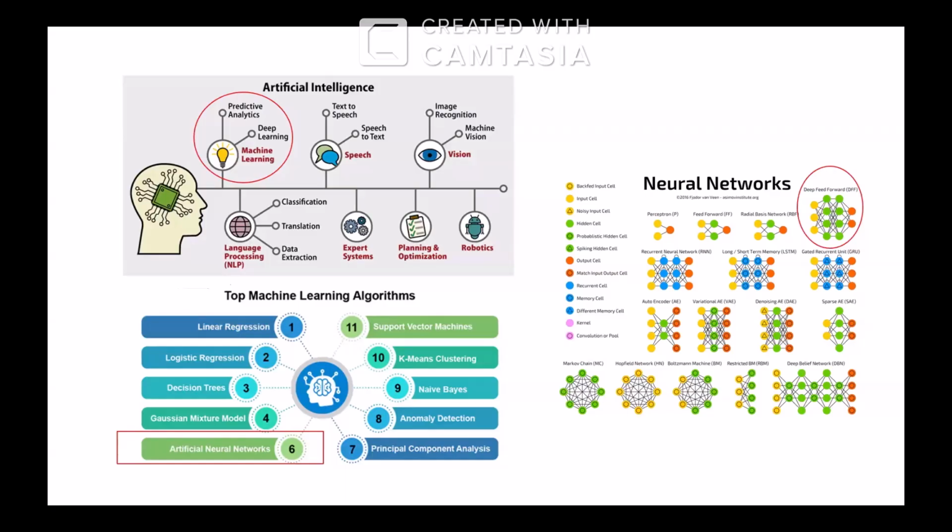These artificial neural networks are inspired from the human nervous system and brain, and the network can be configured in different manners. And one particular configuration of artificial neural network is called what? Deep neural networks.